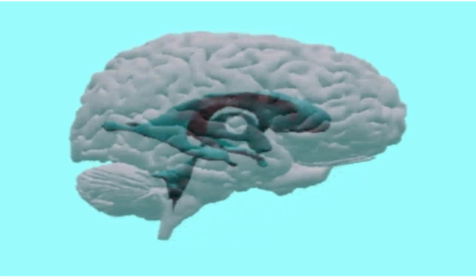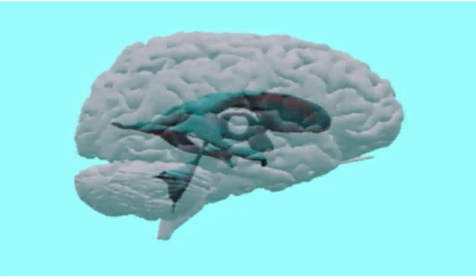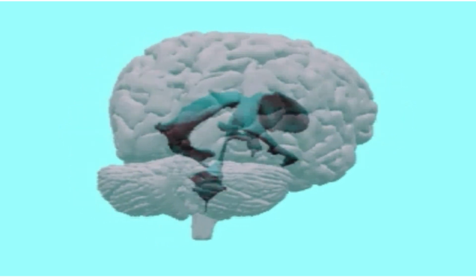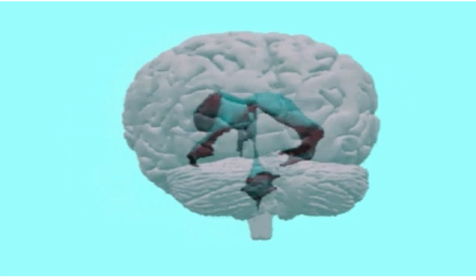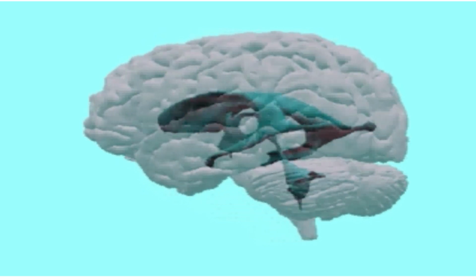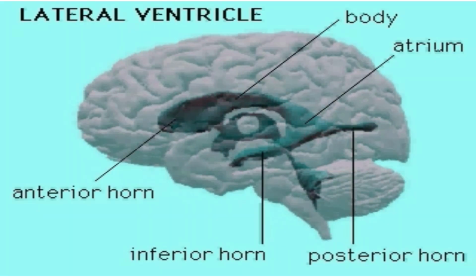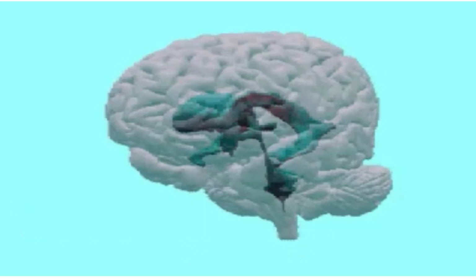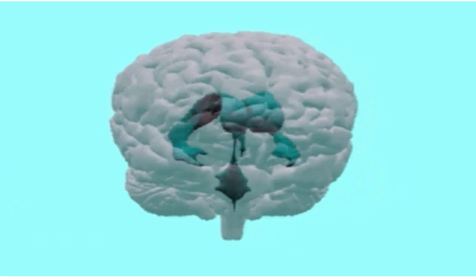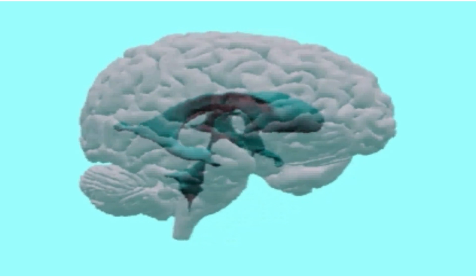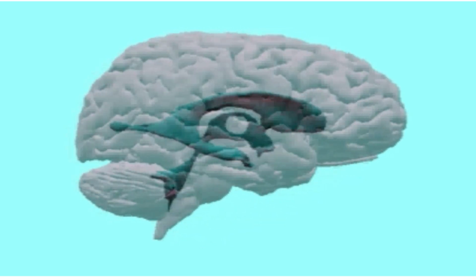Okay, so it's showing the ventricle system. And if you can label this as well, that will do you good for your revision. Okay, all right. So that's another angle, and we are back.